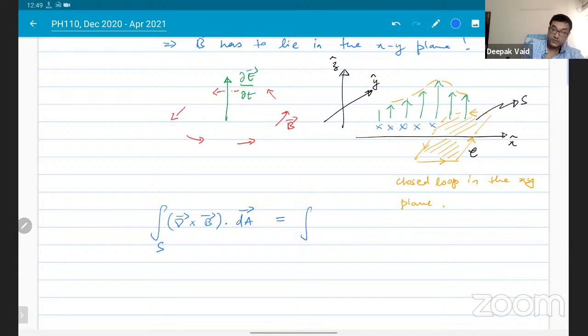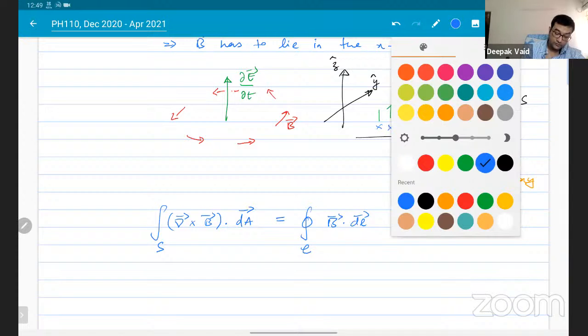By Stokes theorem, this is equal to the integral around the boundary, which is C. And now C is a closed loop, right? So I put a circle here, equal to B dot dl around this closed loop.